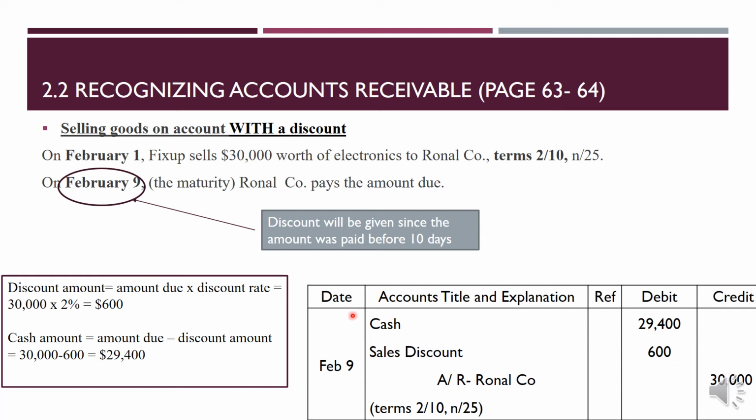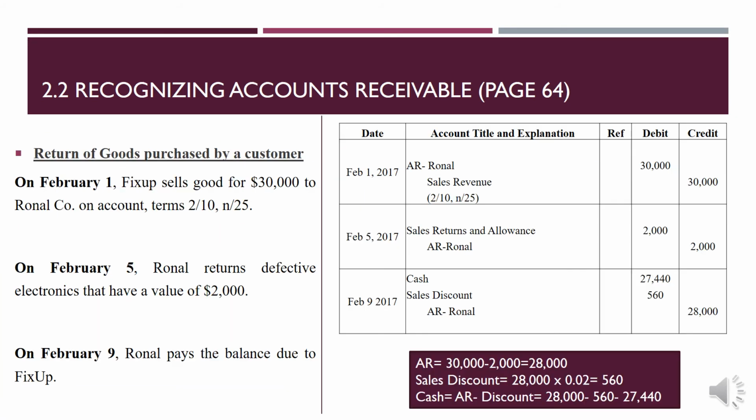The cash that the customer, which is Ronald, will pay will be $30,000 minus the discount given to him. So actually he will pay $29,400.